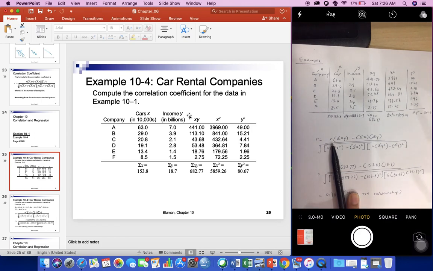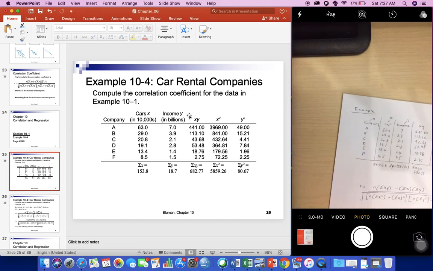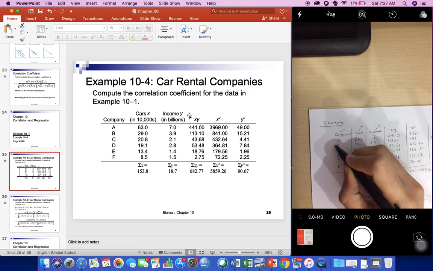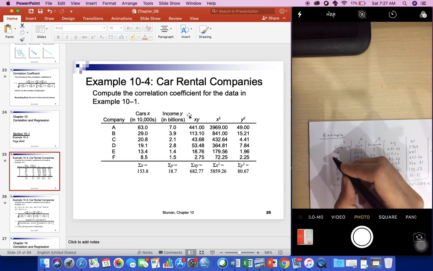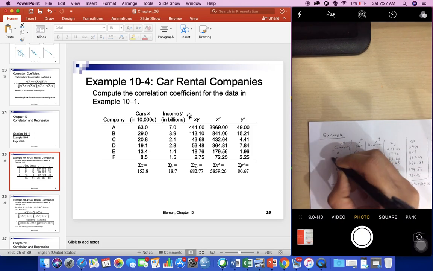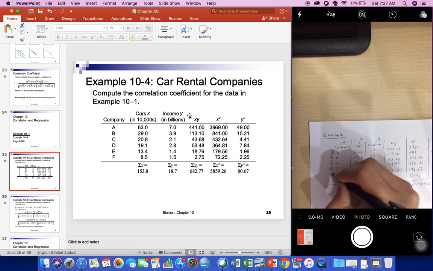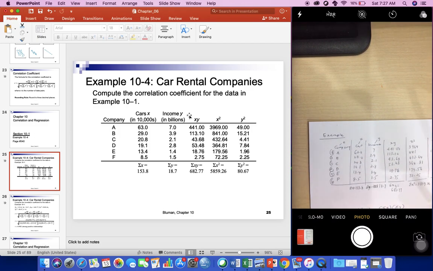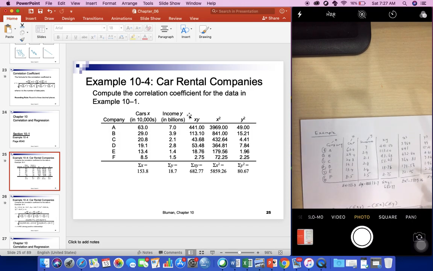Where is N? N is the number of companies, so you have 6 companies: 1, 2, 3, 4, 5, 6. Which one is X? X is cars, Y is income.